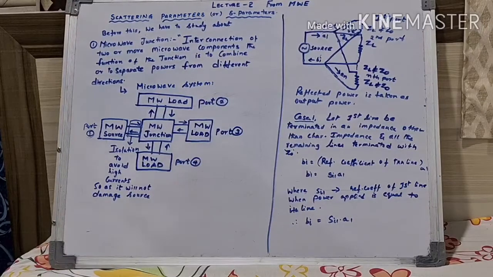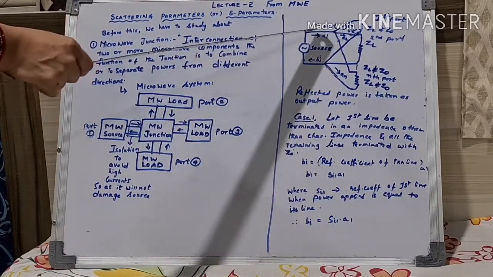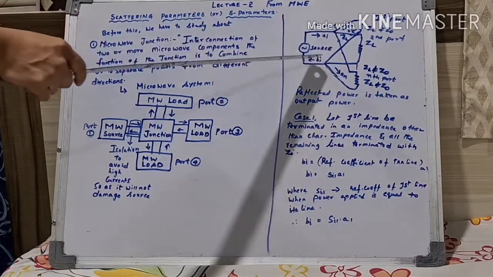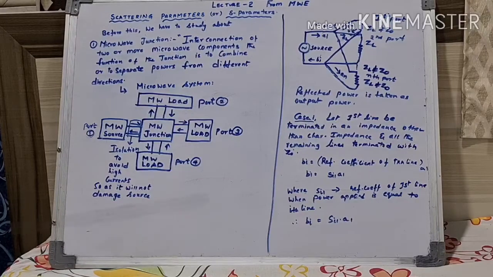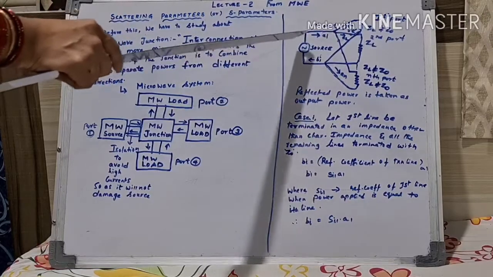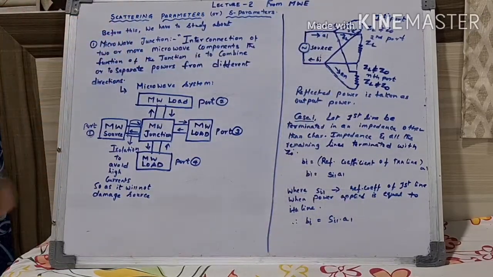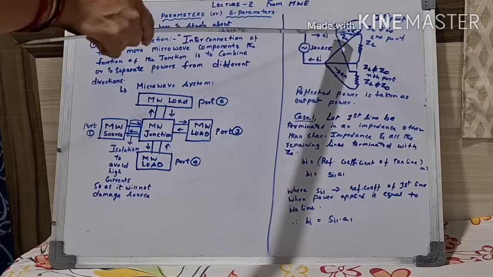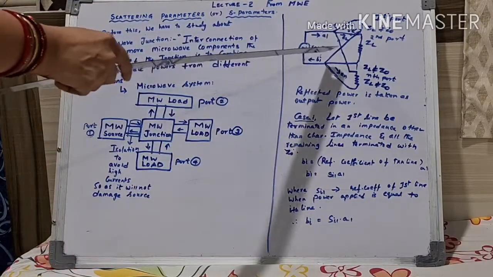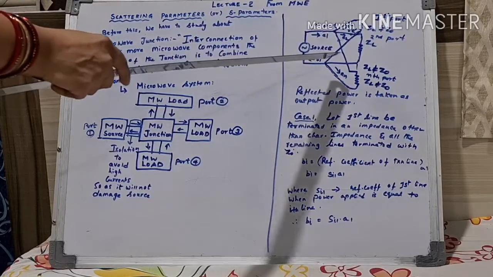If you take case 1, here Ai is the input power and Bi is the reflected power, that is, reflected or output power. The input power is the power entering from the source, which is reflected back.